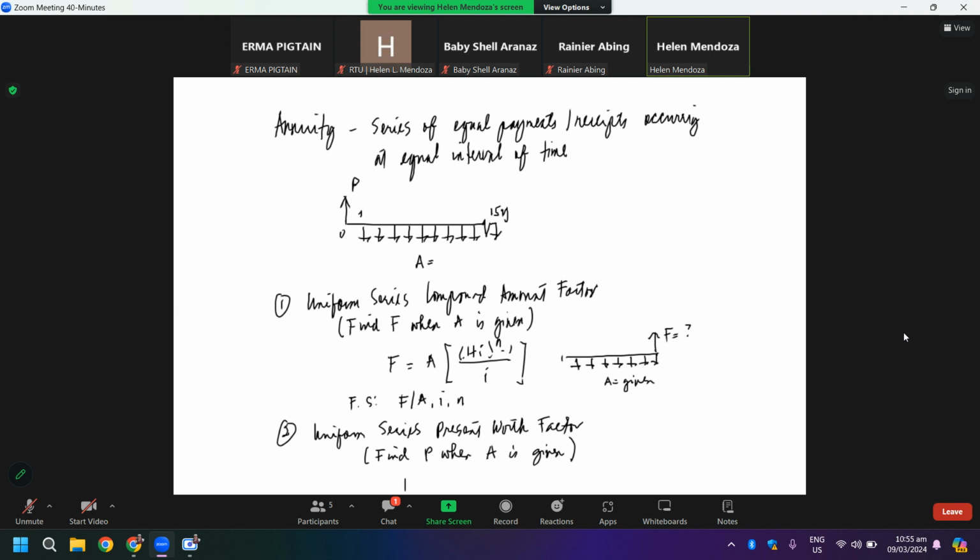So P here is equivalent to A [(1 + i)^n - 1] / [i (1 + i)^n]. The functional symbol is read as P given A, i percent, n. For the cash flow diagram, the drawing can be like this, to try to find P when A is given.